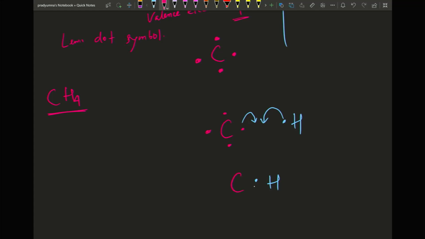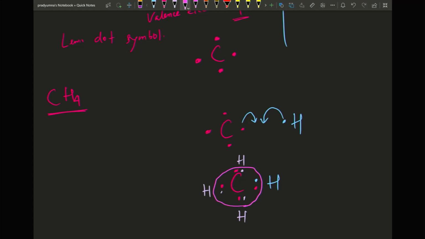So carbon here and hydrogen. If you look at here, this type of sharing of electrons is called covalent bond formation, right? Carbon now has 8 electrons on its outside, so it has a claim to all 8 electrons.